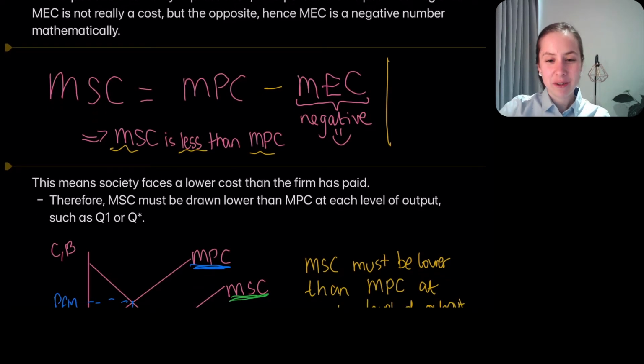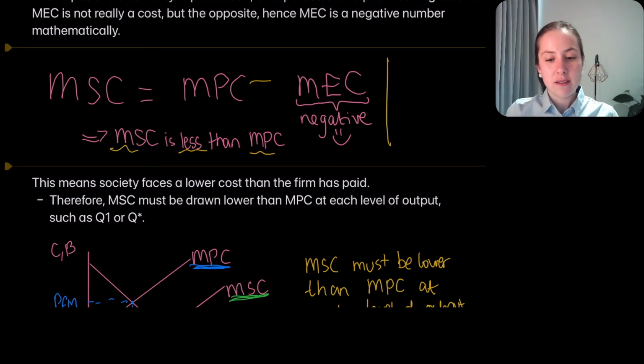Usually you've learned MSC equals MPC plus MEC, but because as we've discussed, the MEC is negative, it will not really be a plus, it will be a negative, minus the MEC.